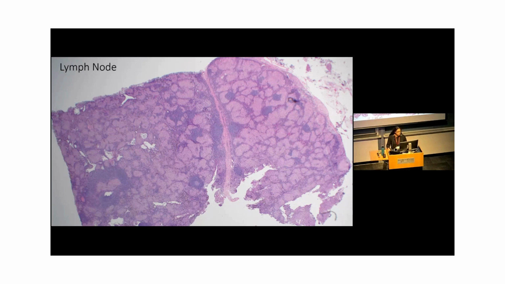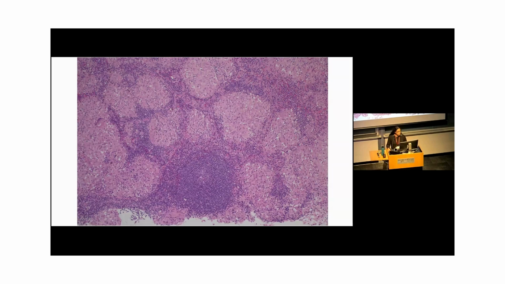In this next slide, we have the collection of those clusters of cells organized in a back-to-back pattern. In the center here, we can see a remnant of a normal lymph node follicle that is surrounded by the cluster of cells. Those cells are elongated. The nuclei are elongated and curved, and the cytoplasm is granular and eosinophilic.